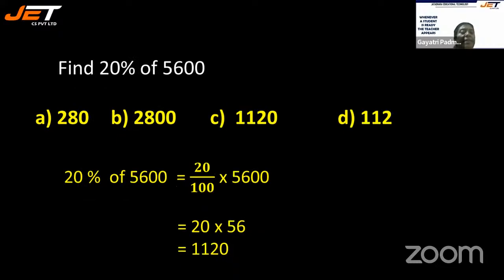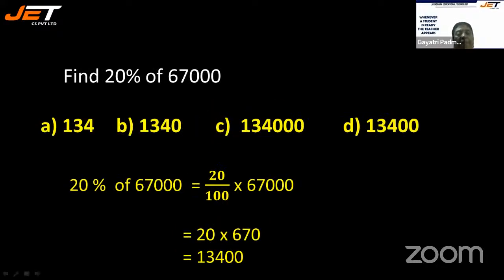All right, yes, see the next sum. 5,600 into 20%. So 5,600 into 20 by 100. So zeros get cancelled. So 560 into 2 is nothing but 6 2s are 12, 5 2s are 10. So 1120. So your option C must be the correct one.